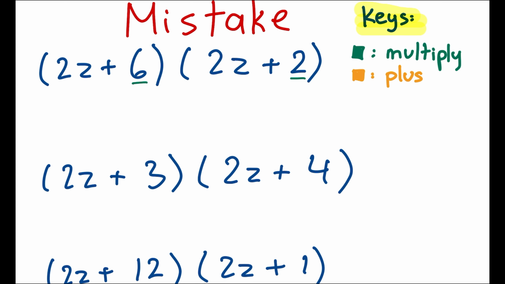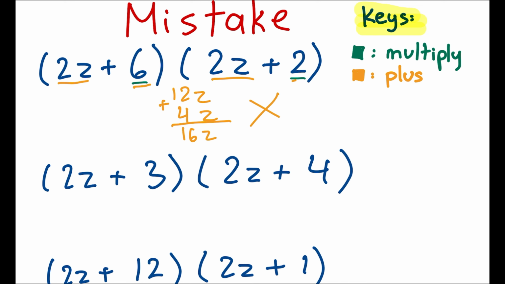So we got our 12 check. But now we do the plus side. 6 times 2z will be 12z. And 2z times 2 will be 4z. So if you add this up together, you will get 16z.